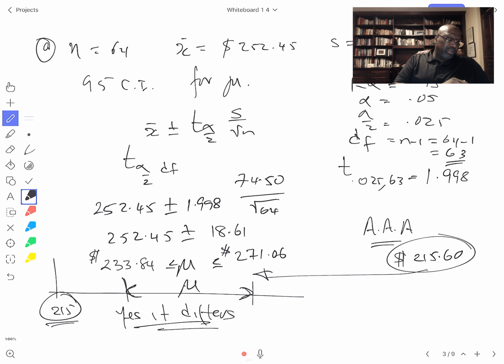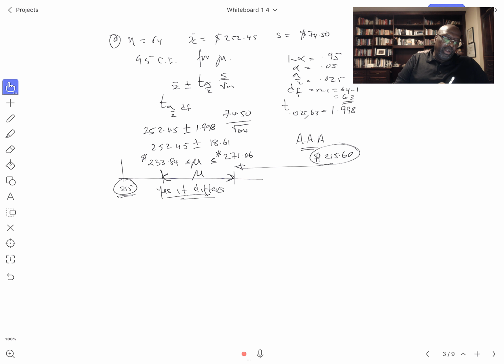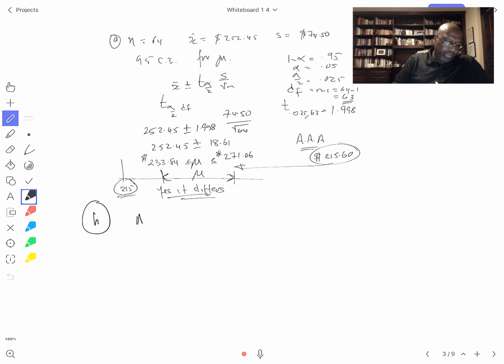What sample size do we need? So if we now want a margin of error of $15, what sample size is needed?